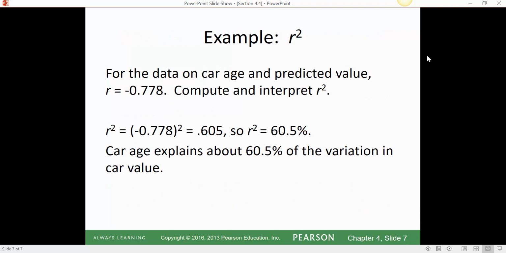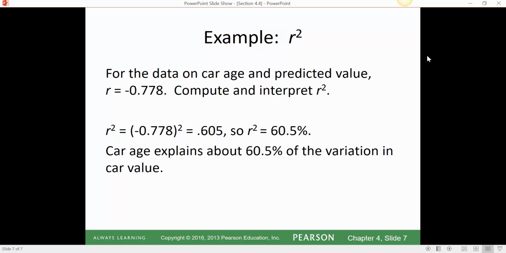Here's an example, using the data on car age and predicted value that we looked at. Earlier we got an R value, the correlation coefficient, of negative 0.778, which is a fairly moderate negative linear correlation. It says compute and interpret R squared. To find R squared, we simply take R and square it.